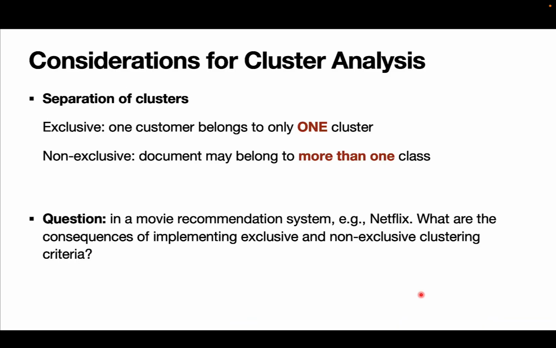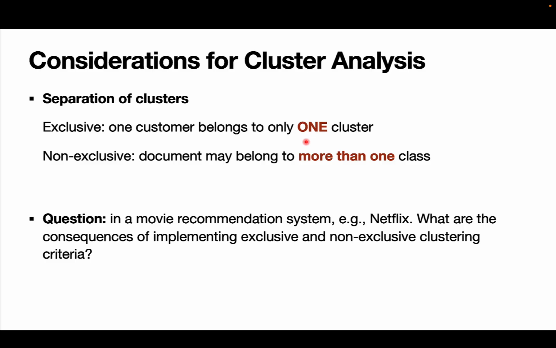The second consideration is the separation of clusters, which can be exclusive or non-exclusive. In exclusive clustering, each object belongs to only one cluster. For example, a customer can belong to only one region.